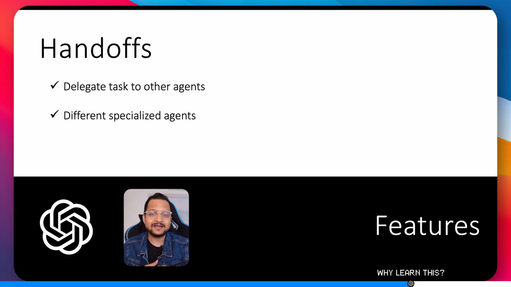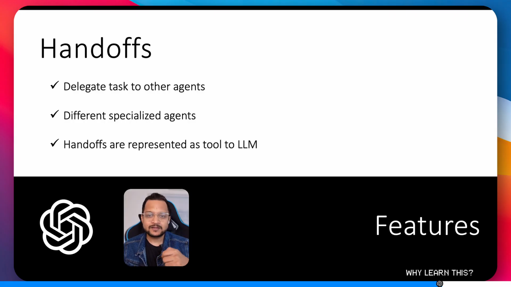If I am good at Python and my friend is good at Java, I do the Python work, but whenever I need to do something in Java, instead of me writing Java code, which I am not good at, I can delegate that particular task to my friend. This is what handoffs mean: simply moving or delegating the task to another agent.